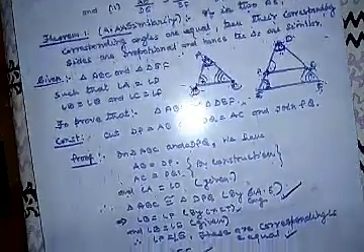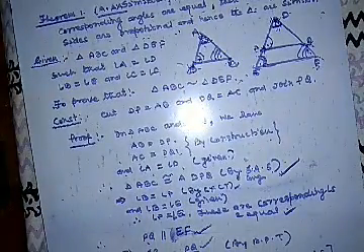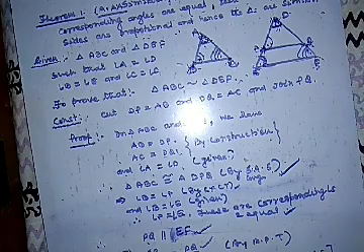Replace DP by AB and DQ by AC, since given that DP is equal to AB and DQ is equal to AC.